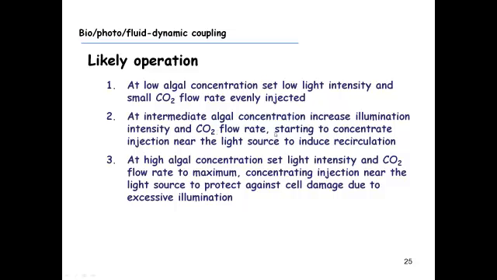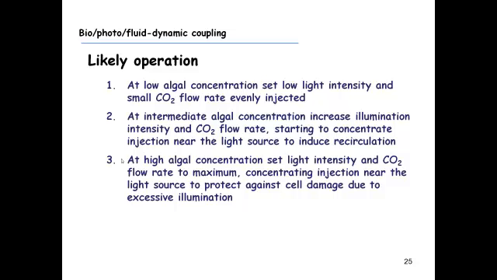At intermediate algal concentration, it would be interesting to increase illumination intensity and CO2 flow rate, starting to concentrate injectant near the light source in order to induce recirculation, because you're going to start having inhibition in this phase here.